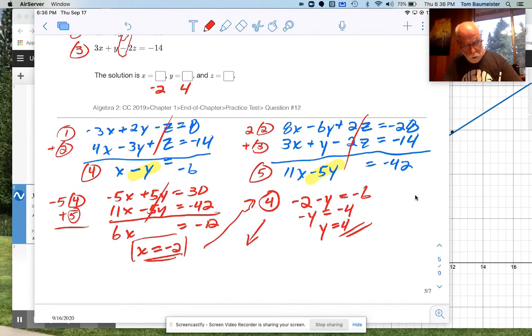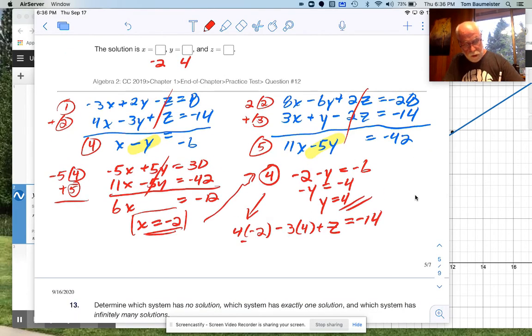So I'll have 4 minus 2 minus 3 times 4 plus z is equal to -14. So -8 minus 12 plus z is equal to -14. -20 plus z is equal to -14. I'm going to add 20 to both sides. I'll get that z is equal to 6.